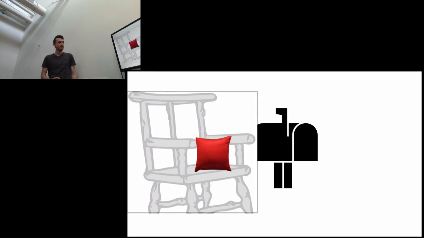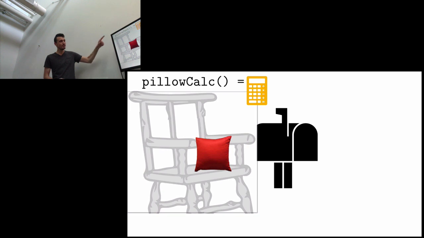So let's say we had a chair that has one pillow, but this chair knows how to count how many pillows it has. We have computers here. This isn't an inanimate chair. This is a very smart chair.